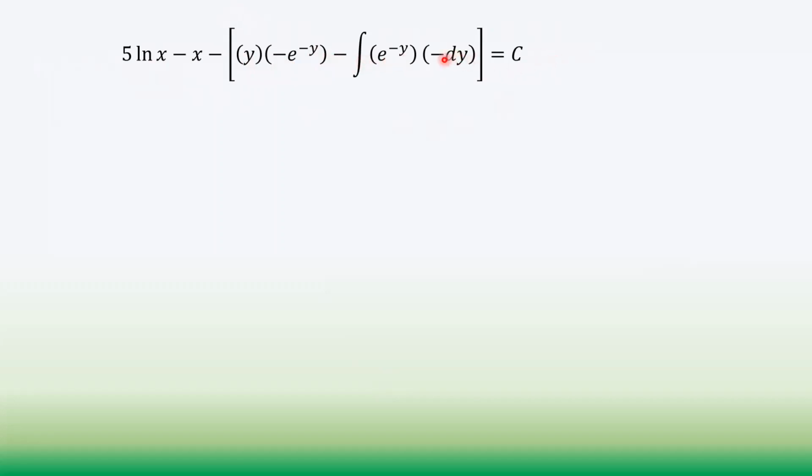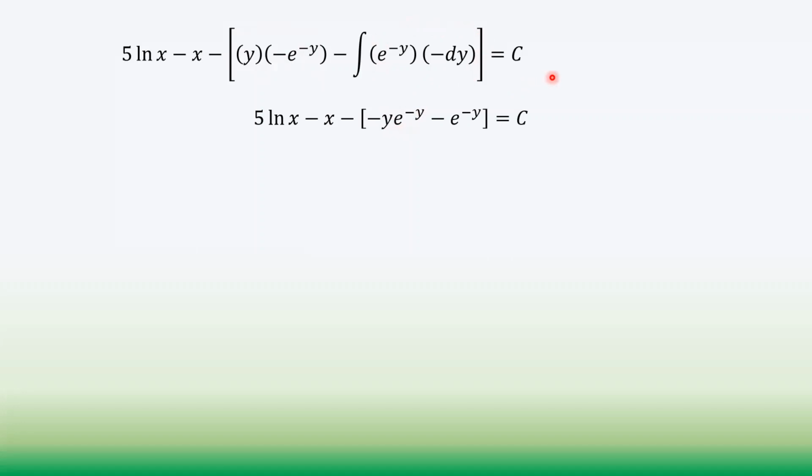Again, ito kanina yung negative nasa e yan, nilipat ko lang sa dy, equal naman yun. Parehas pa rin negative yung product na yan. Then again, we have 5 ln x minus x. Ito, inayos lang ito. Negative y e raised to negative y. Nilagay yung negative kay y.